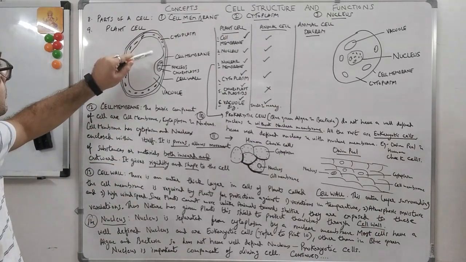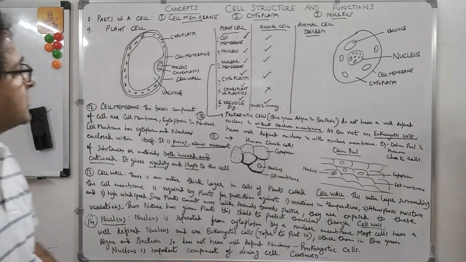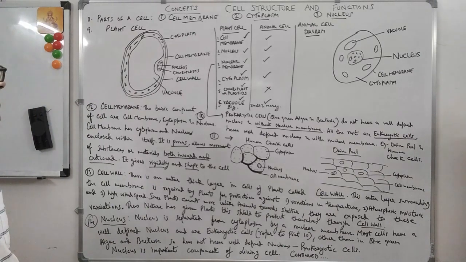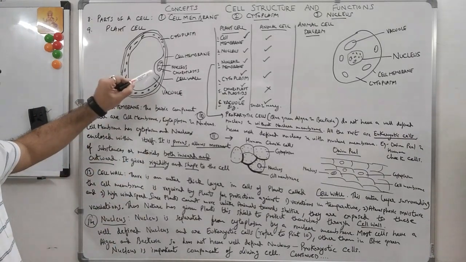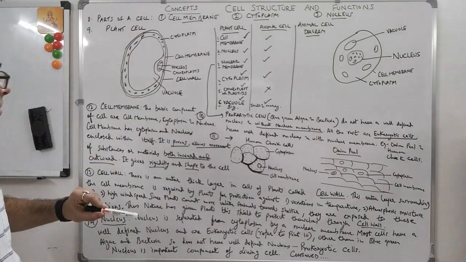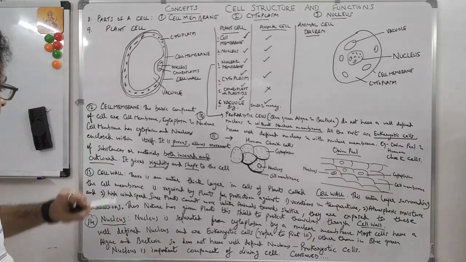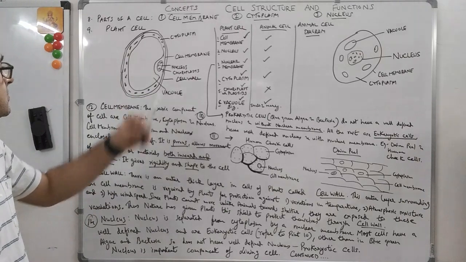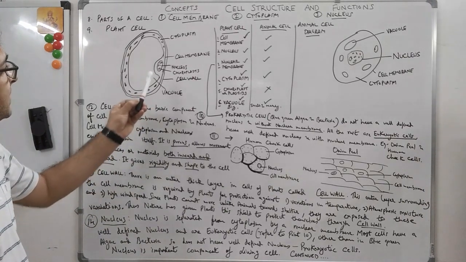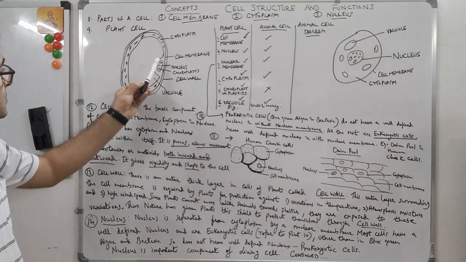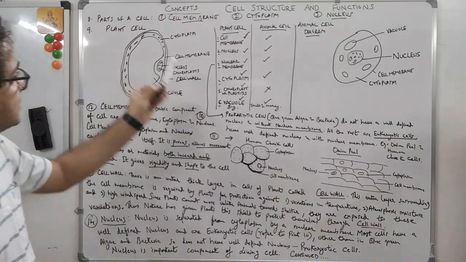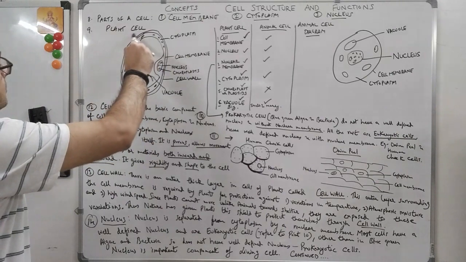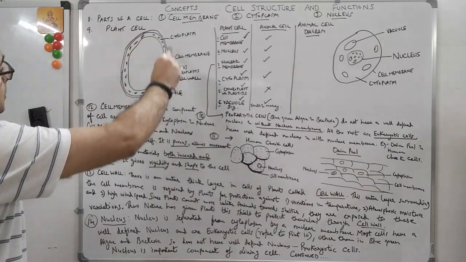It basically has the nucleus inside, right? So the cytoplasm has the nucleus inside, and it is between the cell membrane and the nucleus. This is the cytoplasm. It's got a nucleus and it's got a cell membrane.